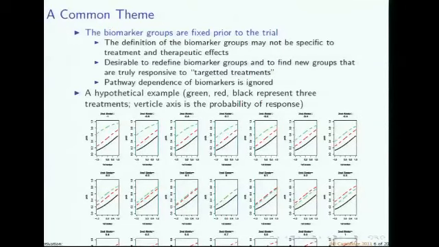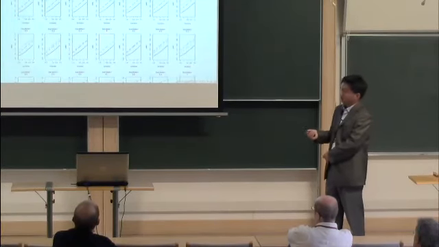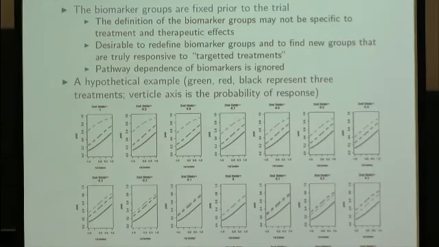The probability of that response being high means it's good, you're responding to the drug. And I'm plotting this against the values of a hypothetical biomarker. And I have two biomarkers. I'm fixing the second biomarker at different values, and that value keeps increasing. So this is a sequence of scatter plots between the probability of response versus the first biomarker, while the second biomarker values increase.